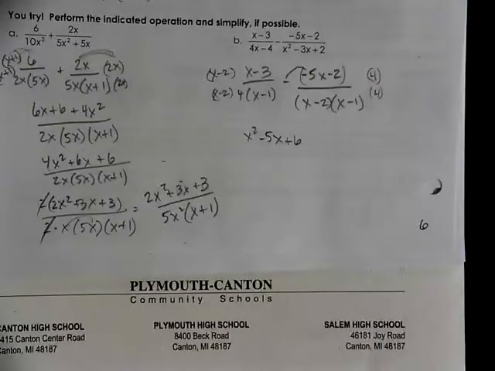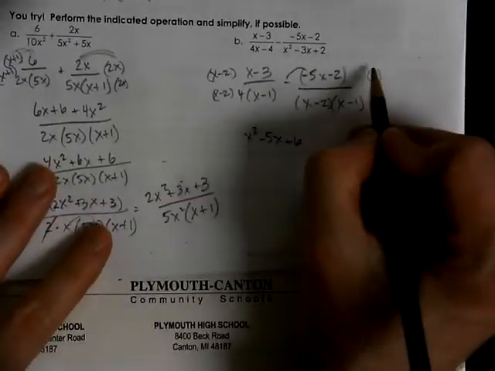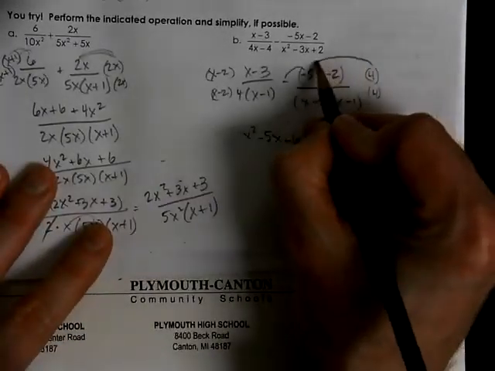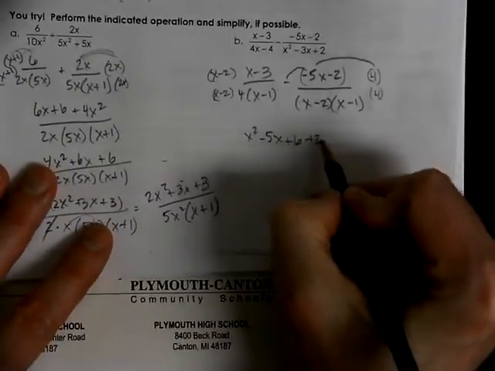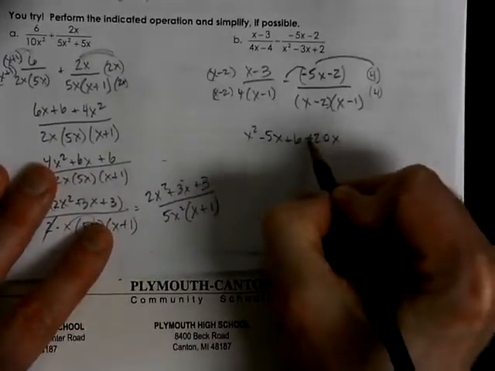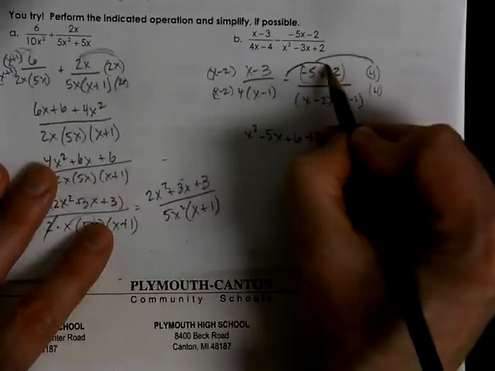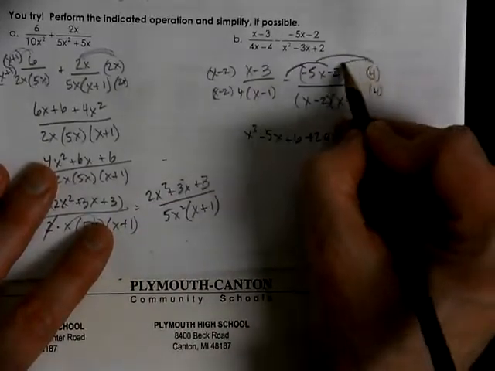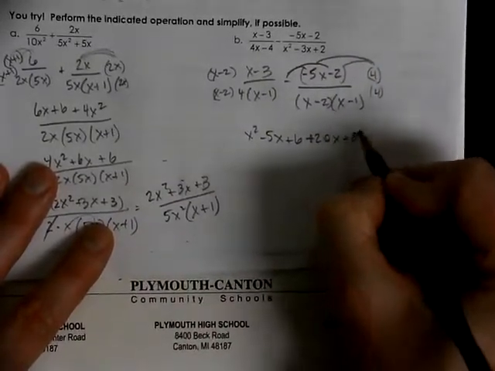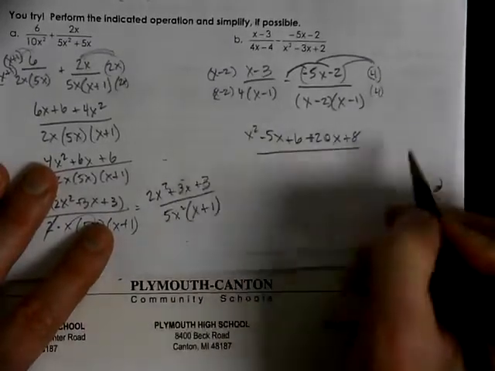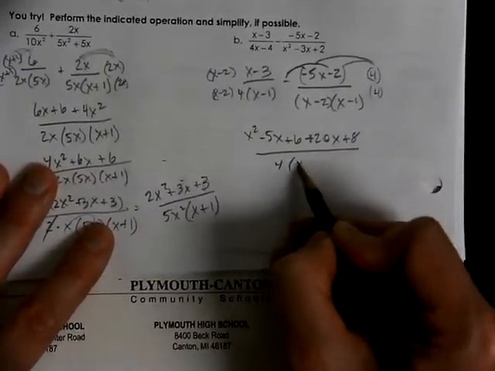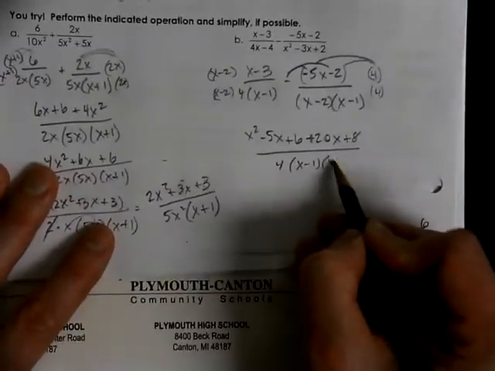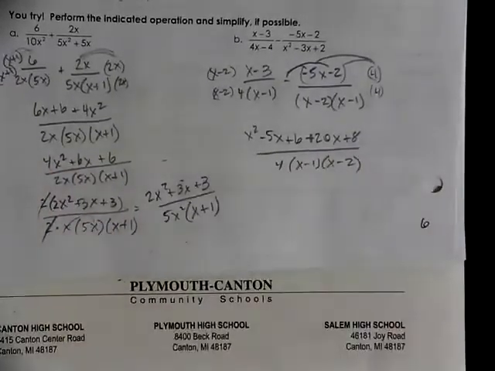Distribute the negative to make that a positive 5 times 4. So that's a positive 20x. A positive 2 times 4, which is plus 8. And my common denominator is 4, x minus 1, x minus 2.